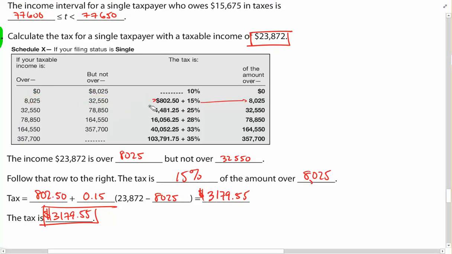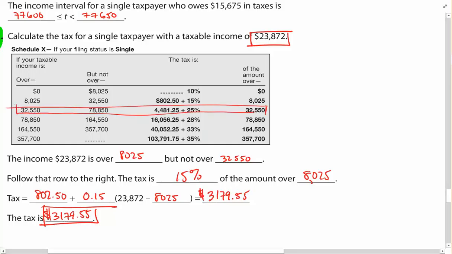Looking at this schedule, somebody that's going to pay about $6,000 in taxes probably had the minimum amount of $4,000 and had to pay an extra 25% on the amount of money they earned over $32,000. So I have a pretty good feeling that we're going to work out of this line right here.